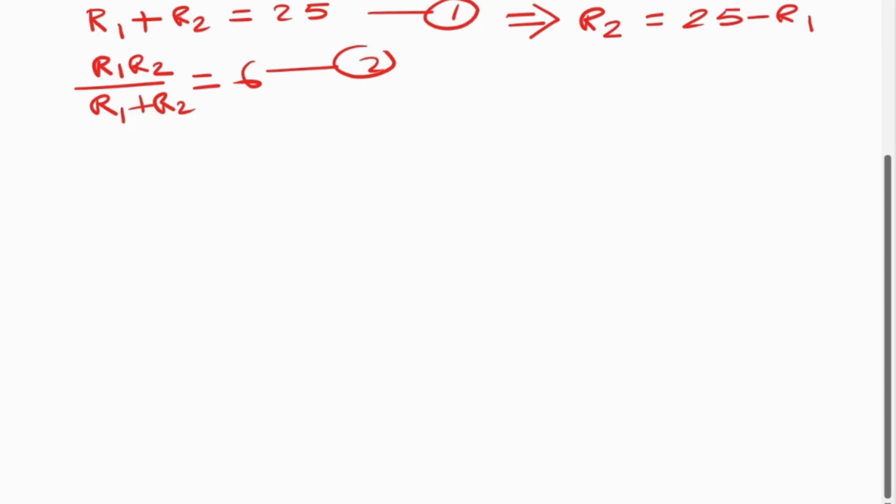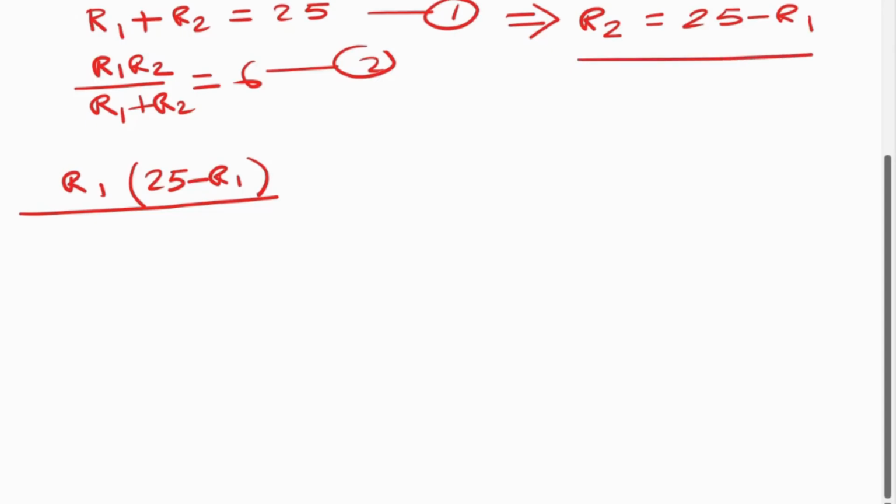Now putting this R2 value in equation 2, we have R1 into 25 minus R1 by R1 plus R2, where R2 is replaced by 25 minus R1.